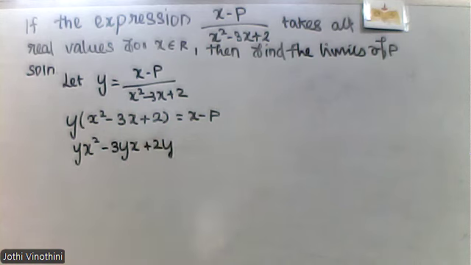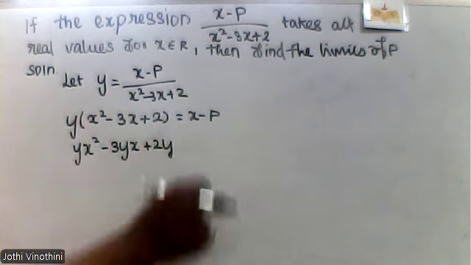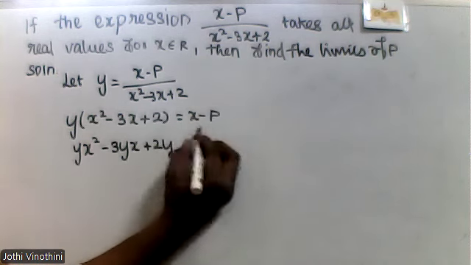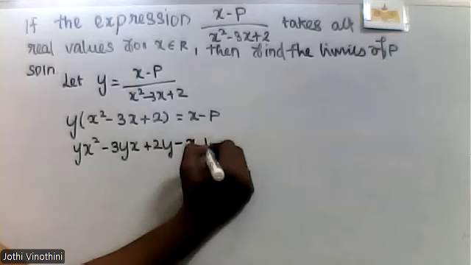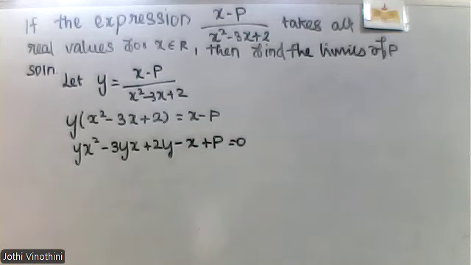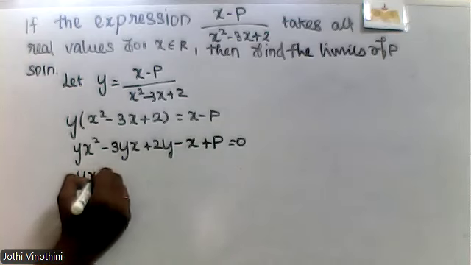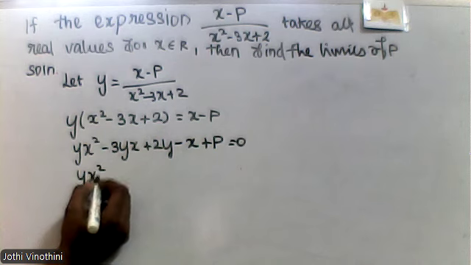Alright? Now what I am going to do is take this x minus p to the other side. So it becomes minus x plus p equals 0. Okay? So I'm going to simplify this again. There is only one x squared term, so yx squared as it is.